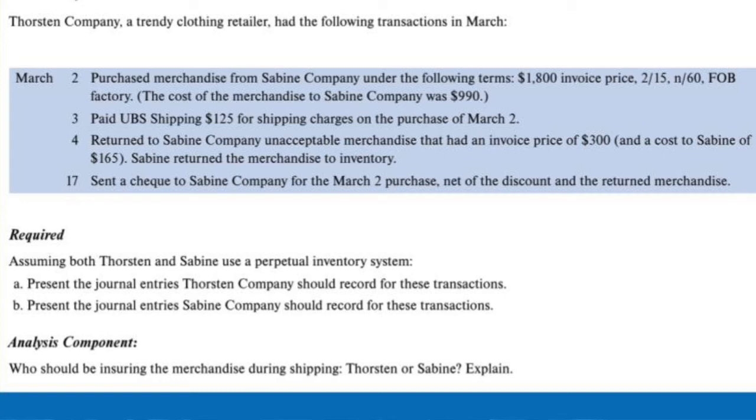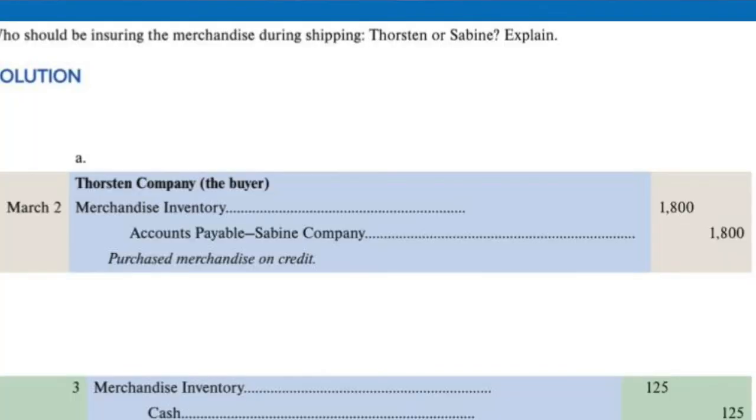So what we're going to do is look at the journal entries for this. First of all, the purchased merchandise: $1,800 invoice price, 2/15 net 60, free on board factory. In this particular instance, we would record the fact that an accounts payable is set up.